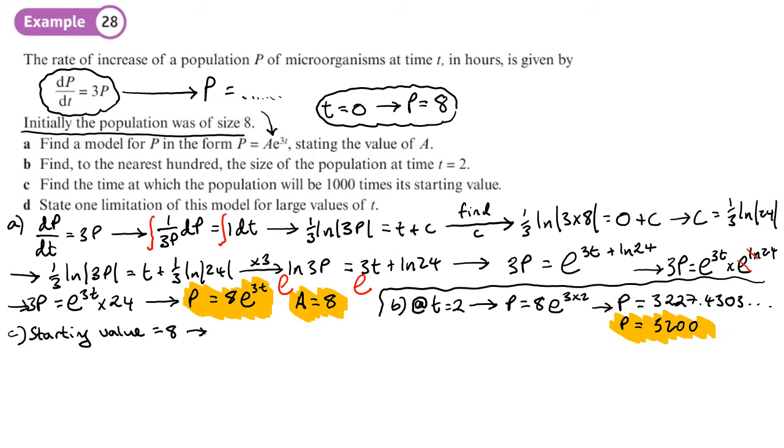So we basically want to find the time when the population is 8,000. So in our equation, we put population equals 8,000. So 8e to the 3t. So this is just about working out what t is. So we'll divide both sides by 8. So I'll just swap it around. So we've got e to the 3t equals 1,000.